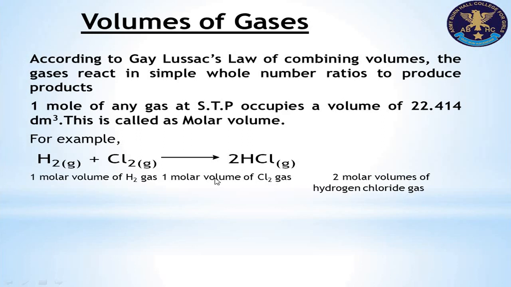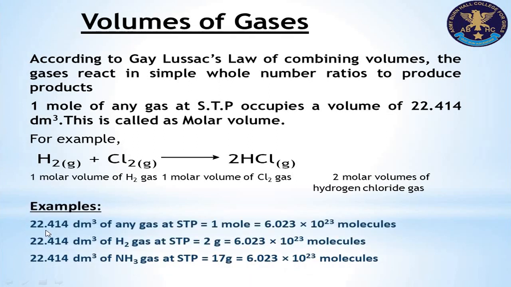If we have more than 1 molar volume, we simply multiply that coefficient with the molar volume value. For example, 22.414 cubic decimeter of any gas at standard temperature pressure is equal to 1 mole, and that 1 mole contains 6.023 into 10 raised to power 23 molecules.